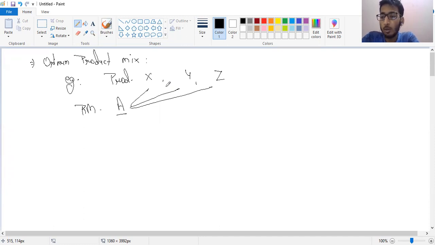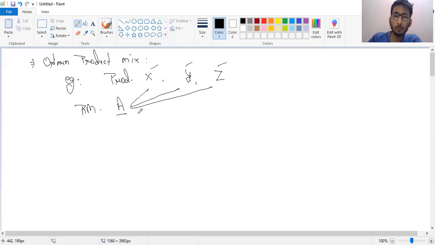It is available only in limitation, not fully available. If it were fully available, you could simply fulfill the complete market demand for X, Y, and Z. Suppose you get an order of 10,000 X, 10,000 Y, and 10,000 Z.